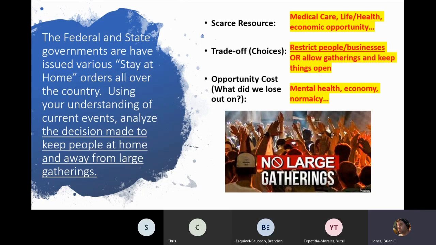Because they've chosen to restrict people and businesses, what is it that we're missing out on? What is it that is being lost because of the choice that has been made? So what is the opportunity cost that we are enduring right now?